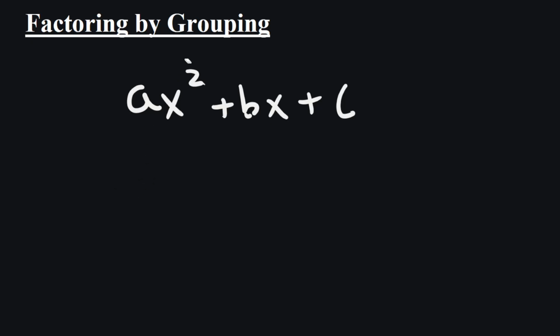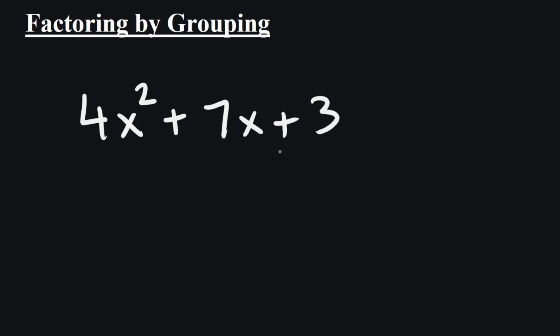So let's go through an example together. Let's say we had 4x squared plus 7x plus 3. The first thing you want to do is take a look at the first coefficient, 4, and recognize if there are any factors of 4 in any of the other terms that we can factor out.